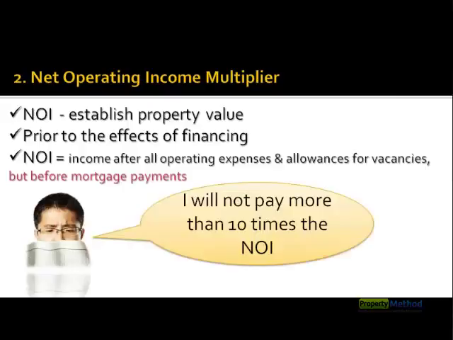So when an investor says, I will not pay more than 10 times the net operating income for a property that has an NOI of 20,000 ringgit, this investor is actually saying that the maximum price he will pay for the property is up to 200,000 ringgit. This gives the same value as the previous example using the previous method.